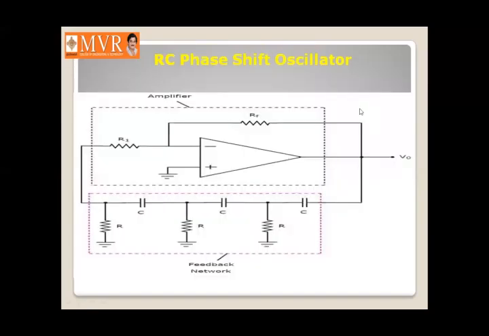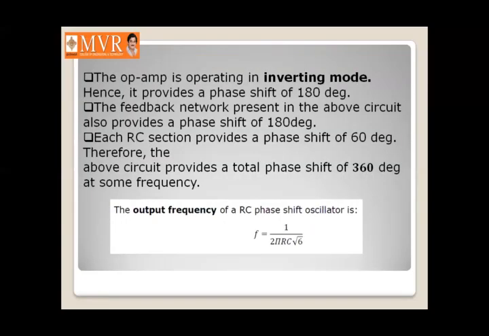So students, this is what we have seen in an RC phase shift oscillator. Here you have observed how it is going to produce a sinusoidal waveform using three RC circuits, theoretically as well as practically, how it generates a phase shift. The phase shift provided by the RC network is 180 degrees.